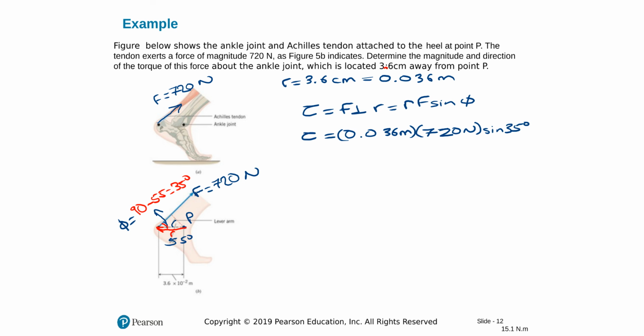If we do this, we'll find a torque of 21.23 units. For torque it's just Newton times meter, no specific name. And hopefully we can all see that this direction is clockwise. If I wanted to give it a direction as plus or minus, it will be minus in the historical approach.